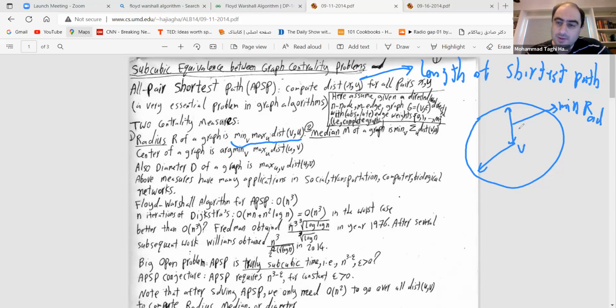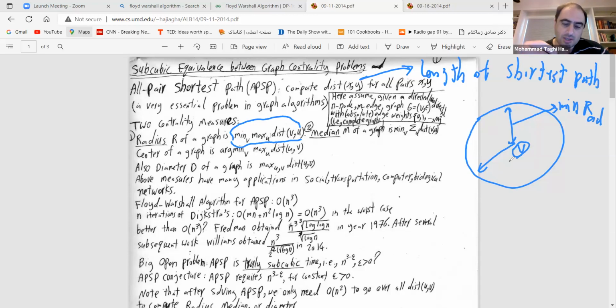You will go over all vertices such that each other vertex is reachable from v at the minimum distance. You consider all v, and you find the one where this quantity is minimized. That will be the radius, and this v is called the center.